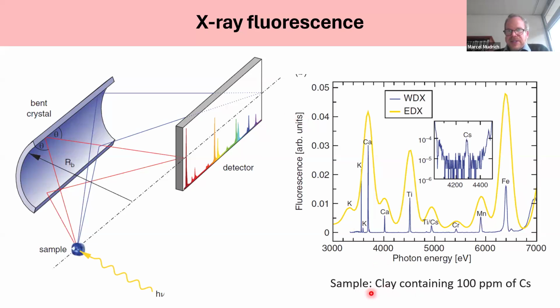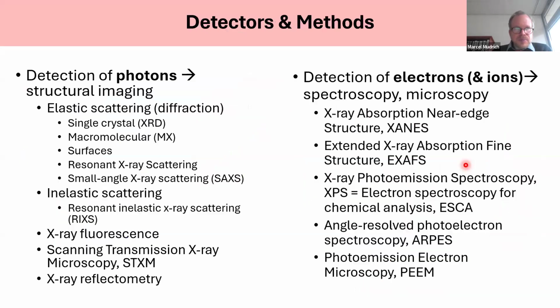This was a clay sample that contained a very small amount of cesium, and in the fluorescence emission spectrum, besides many other elements that were present in the sample, a tiny fraction of cesium became visible as this characteristic line of the cesium ion.